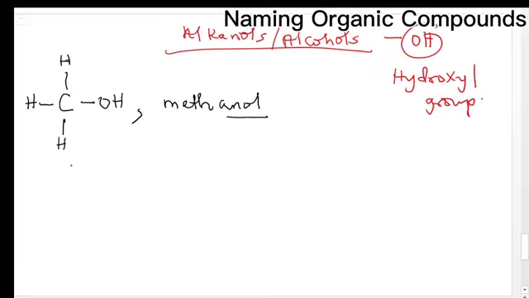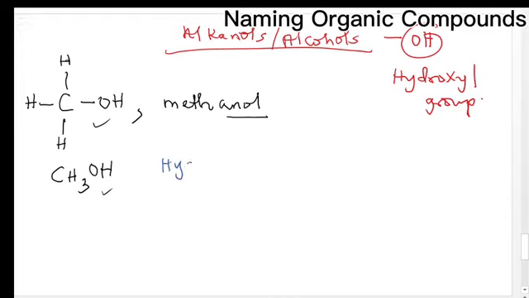This can also be drawn as CH3OH, because the first carbon is attached to 3 hydrogens, with another OH attached. So this is methanol, either written this way or this way, it's the same. Sometimes they can name it hydroxyl methane, but that is not an IUPAC name.